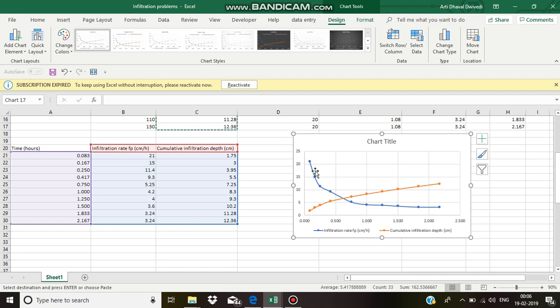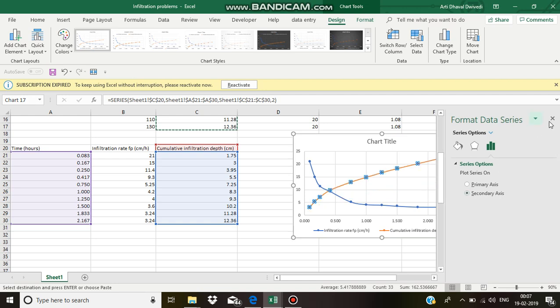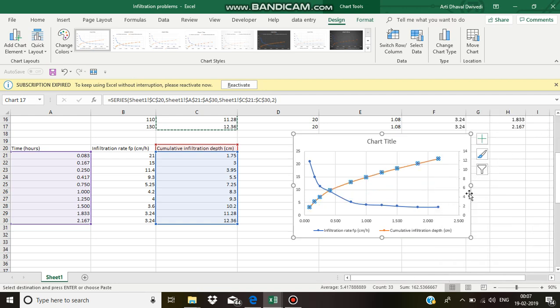So this curve represents the infiltration rate, and this curve represents the cumulative infiltration depth. We can plot this on secondary y-axis. So this represents cumulative infiltration depth values, and this curve shows the infiltration rate. This axis shows the value of infiltration rate.